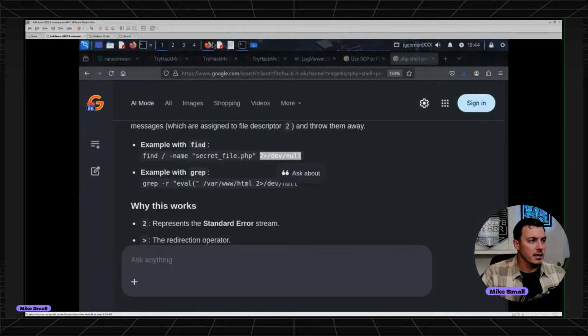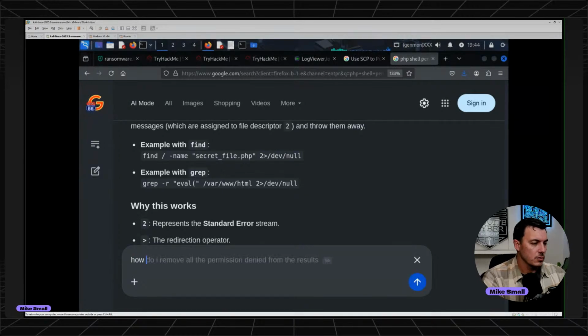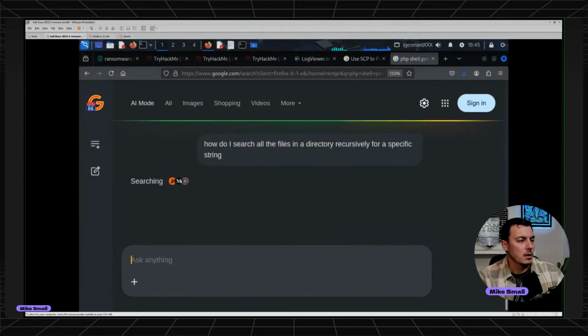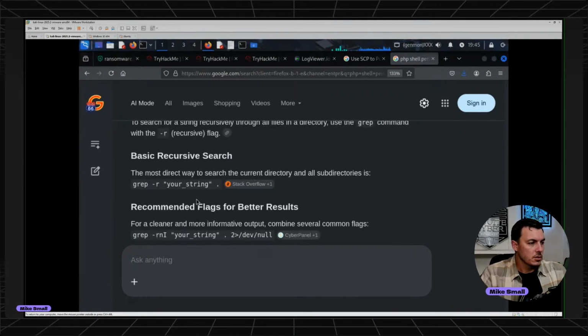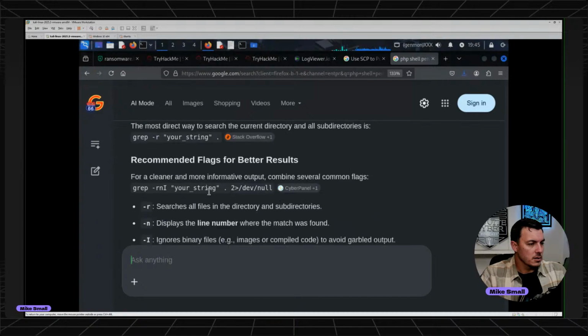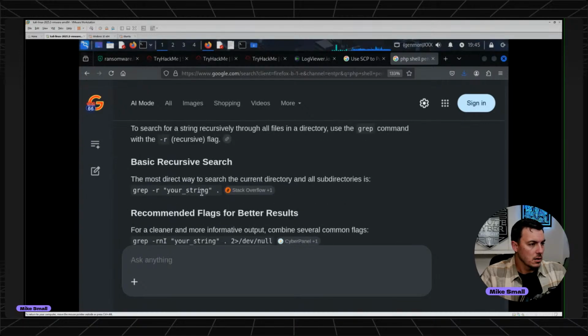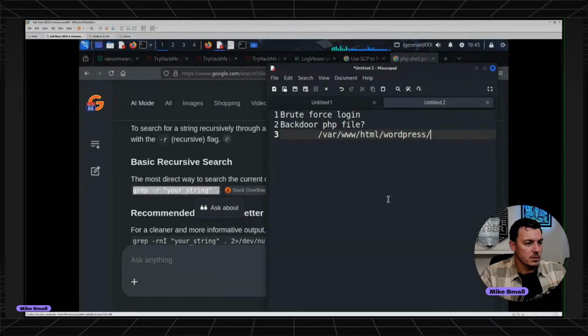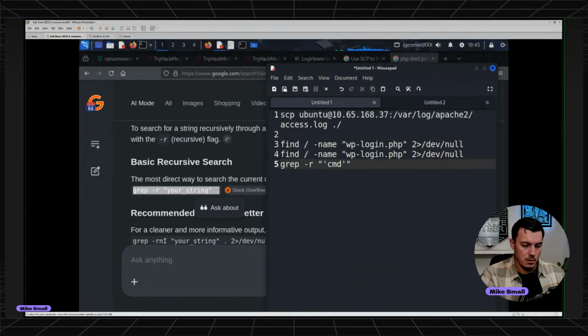Again, we can go back over here to say, how do I search all the files in a directory recursively for a specific string? It's going to pretty much show us the same thing. So this is dot, which is saying from this directory forward. We can copy this, put it over here, and we can put in our string.